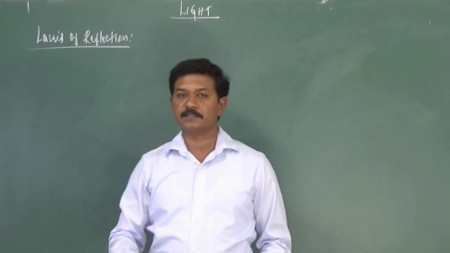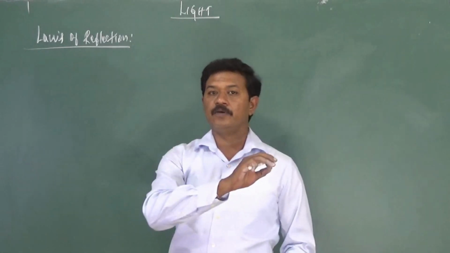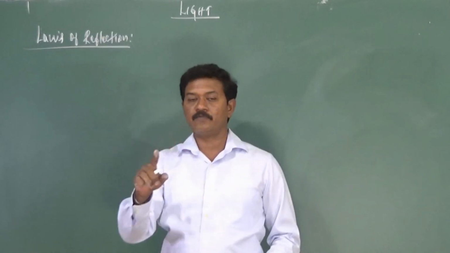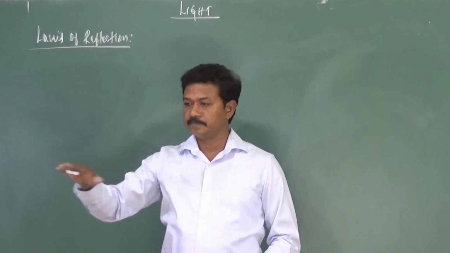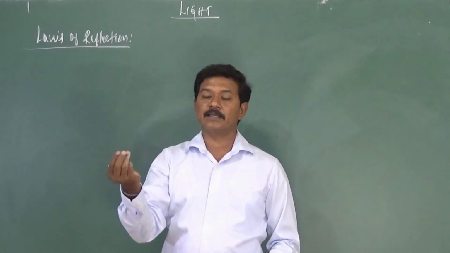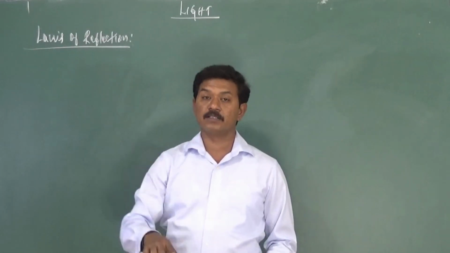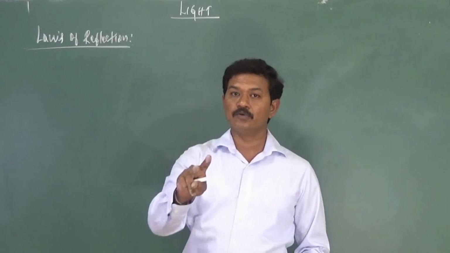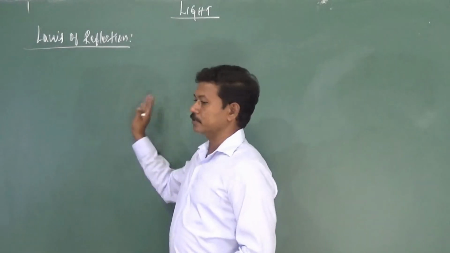So, I want to repeat this. After performing various experiments on how a light ray behaves when it falls on a highly reflecting surface, we have come across 2 final conclusions, and those conclusions are called the laws of reflection.